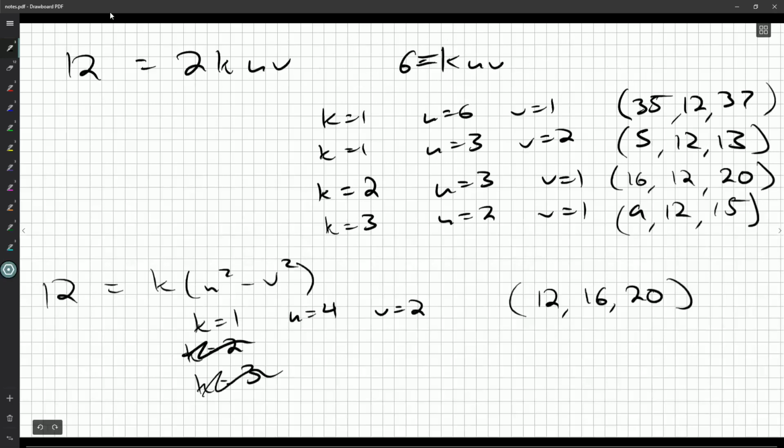So that doesn't work. How about k is 4? Is 3 the difference between some squares? Yes, 4 and 1. So u is 2, v is 1, and this will give us 12, and again we'll have 16, and again we'll have 20.